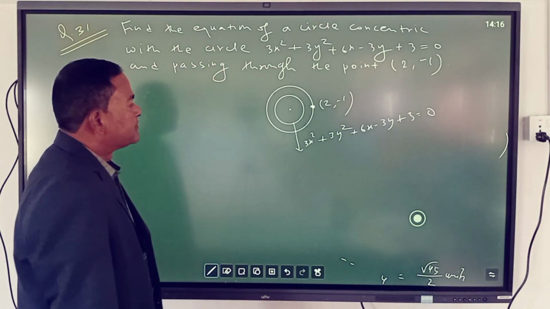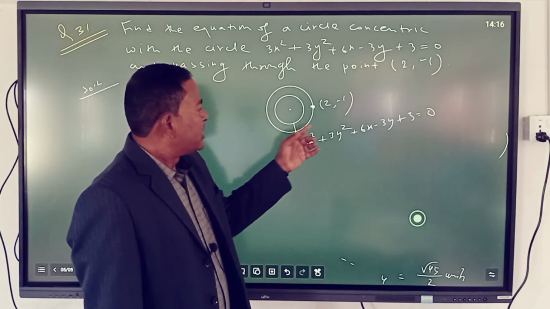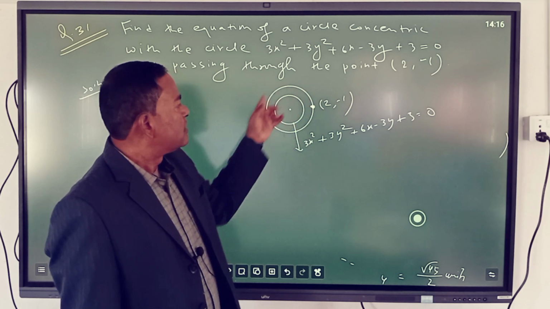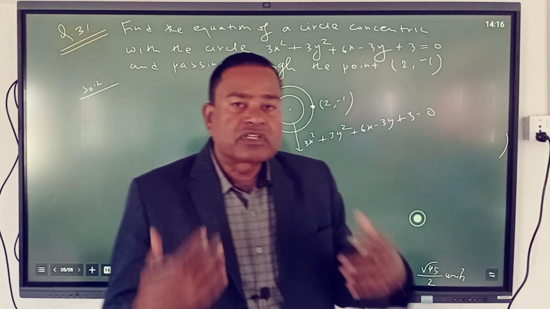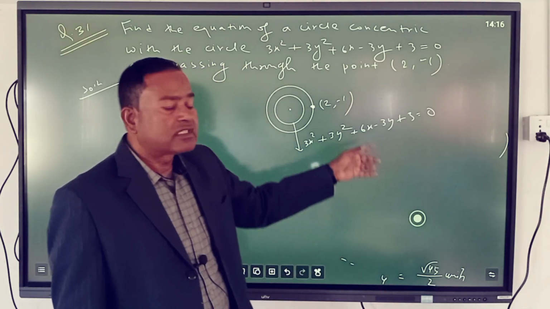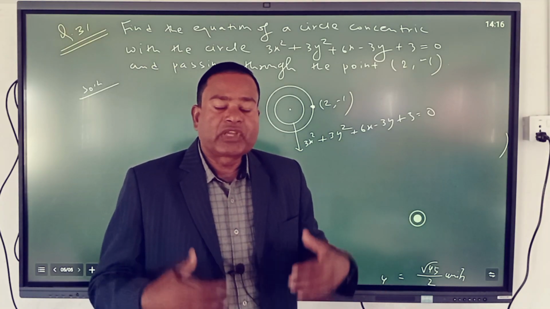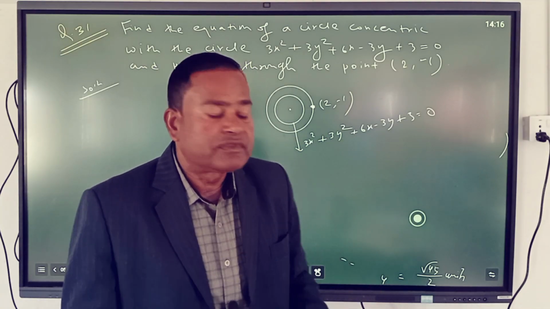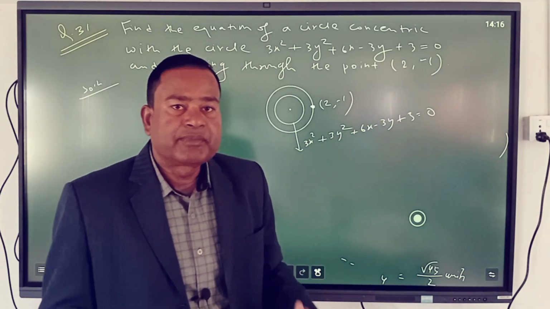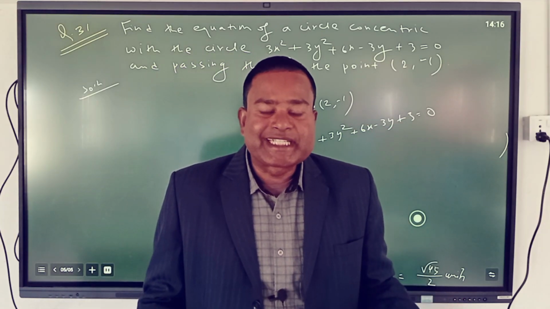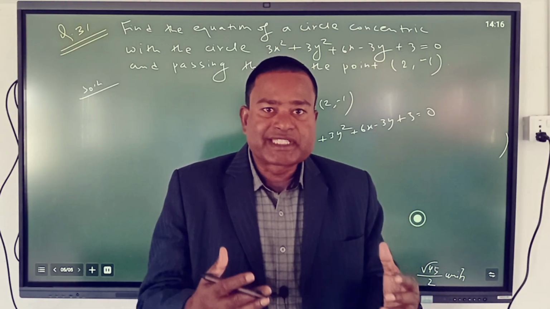So dear students, now in order to find the equation of a circle passing through the point 2 comma minus 1 and concentric with the given circle, at first we have to find out the center of the given circle, because the meaning of concentric is circles having the same center.